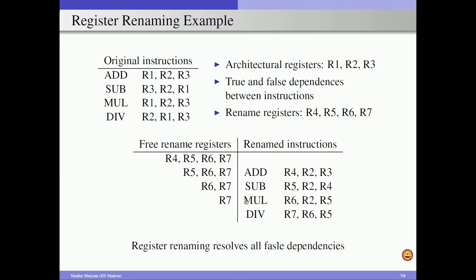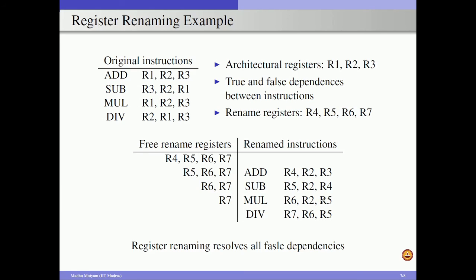Now consider the third instruction, mul. Mul is using R6 as the destination, but none of the previous instructions use this R6, either as a source or a destination register. And R2 is not going to create any problem with respect to the previous one, but R5 is used as a source operand in multiply, whereas R5 is used as a destination in sub. So there is a true dependence between sub and mul.